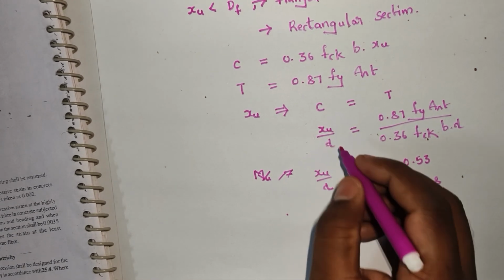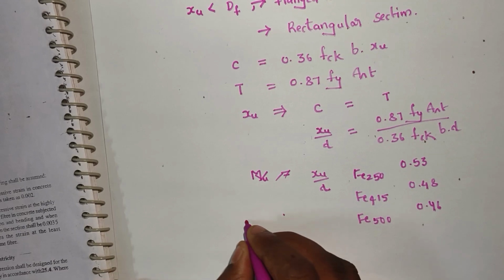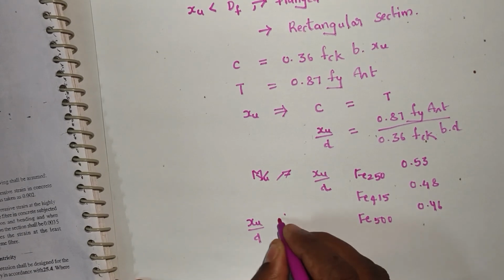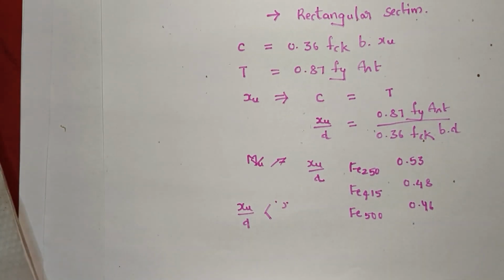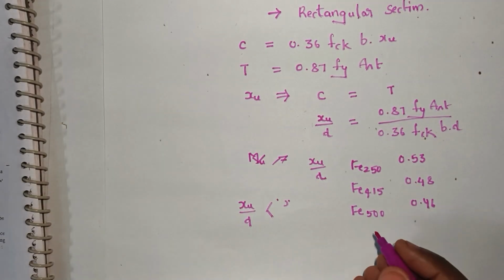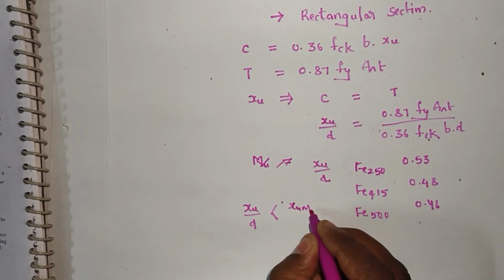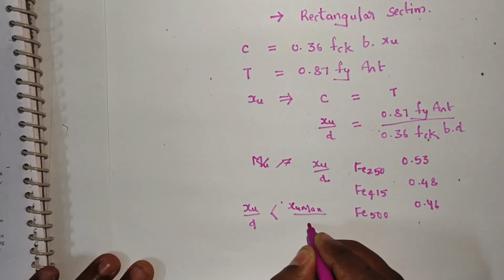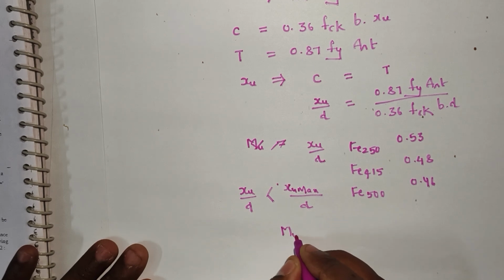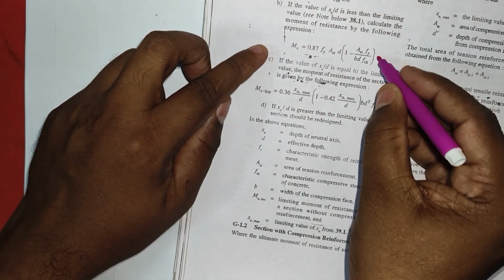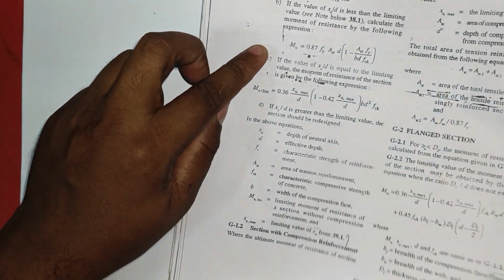If the xu by d value is less than xu max by d, then you can determine the Mu value by using this formula.